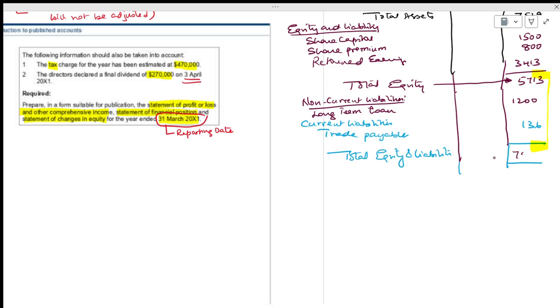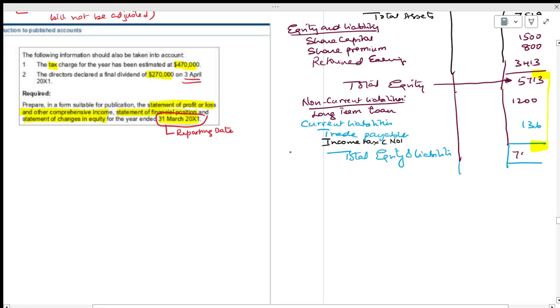Check again. What have we missed? Income tax. Who is this? Mazen, good. How much is income tax?